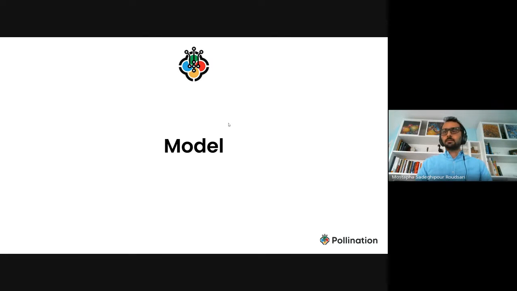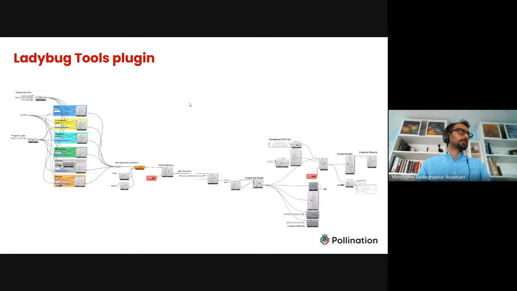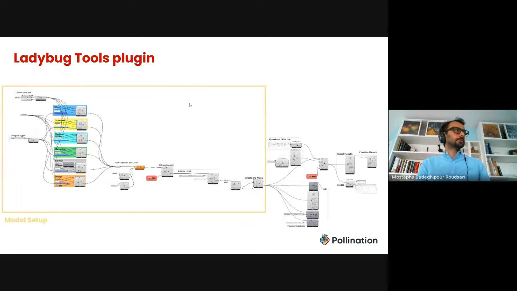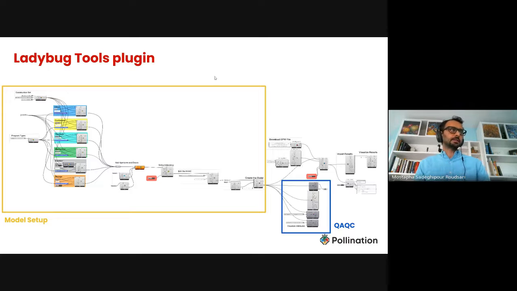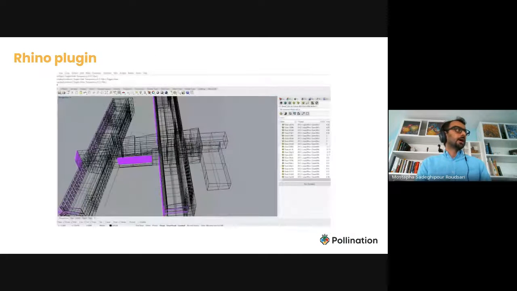So yes, basically these are the things the Rhino plugin will help you with. On the model side, this is what we're used to when we work with Ladybug Tools, right? You have model setup, which is the biggest part, and then you have the QA/QC part, and this is really the simulation part. One of the issues is that every Grasshopper script becomes project specific.